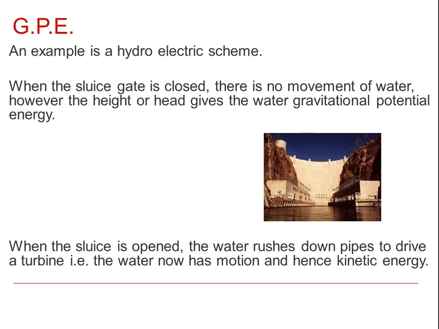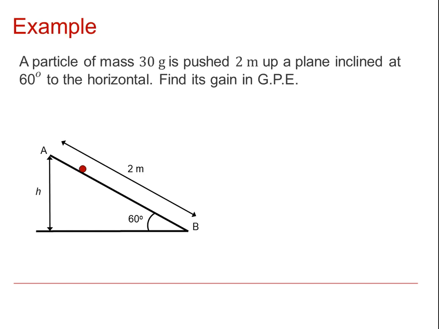Now I want to look at a couple of examples where we're using this idea that the gravitational potential energy is equal to mgh. Here we have a 30-gram mass which is pushed up a 2-meter slope which is inclined at 60 degrees, as in the diagram, and we want to find the gain in the potential energy.